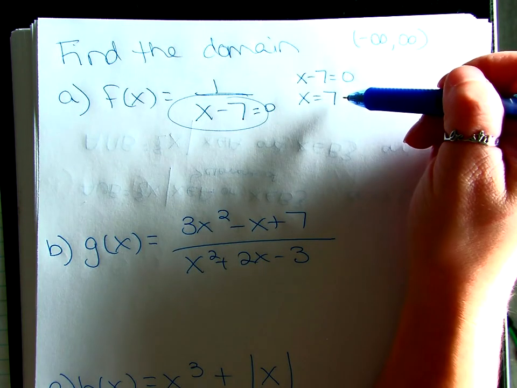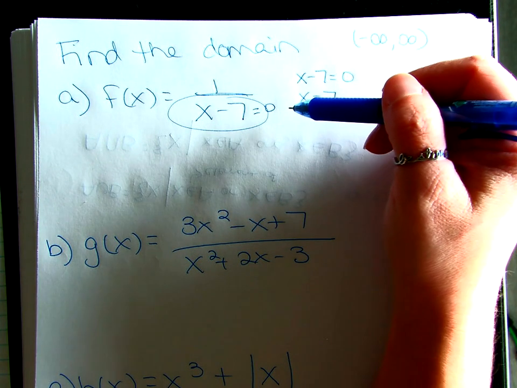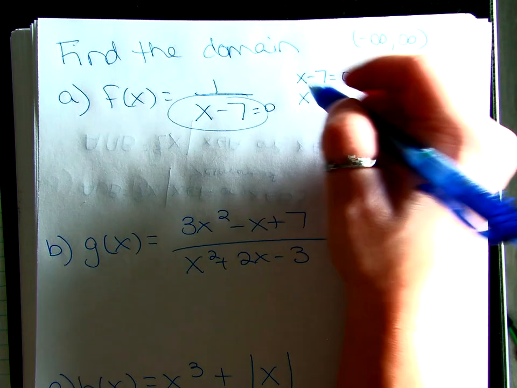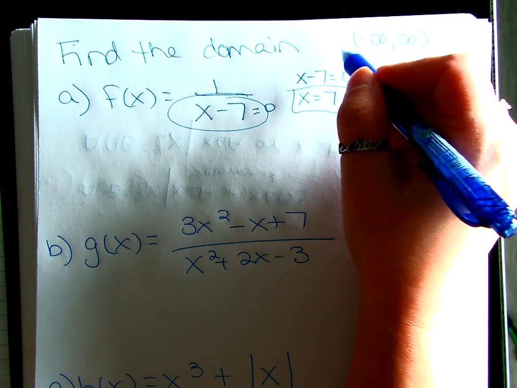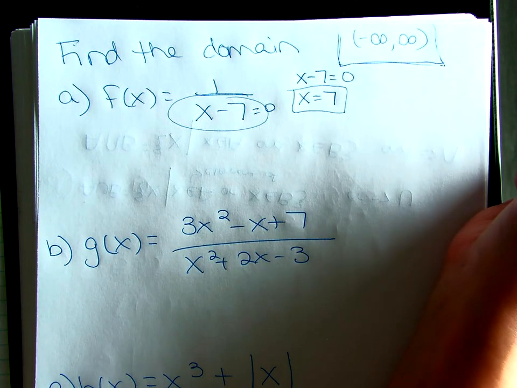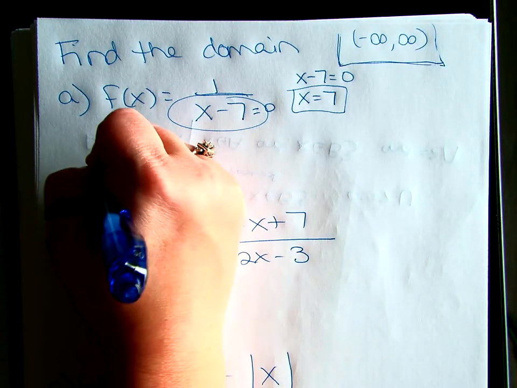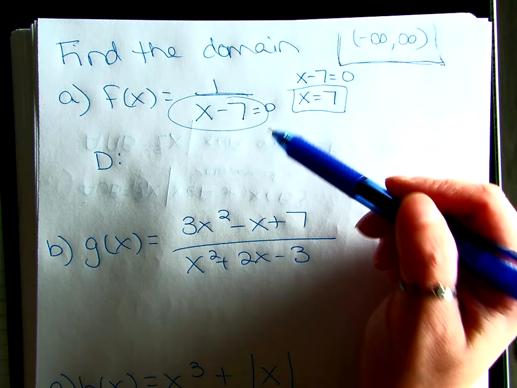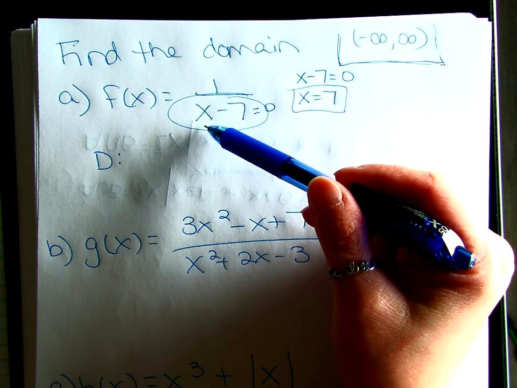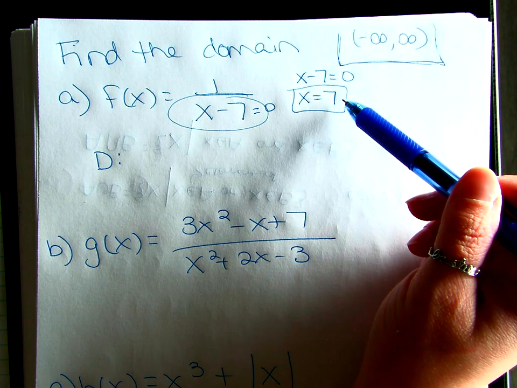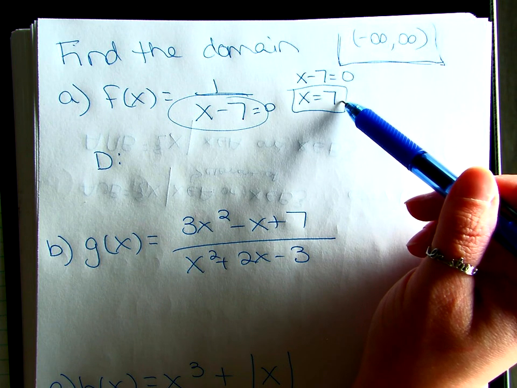So when x equals 7, I get a denominator equal to 0, and that's the problem. So I need to eliminate x equals 7 from my negative infinity to positive infinity. How do I do that? Well, I'm going to have my domain, and ask, what's the smallest value that x can be that works for this function? The only value that doesn't work is x equals 7.